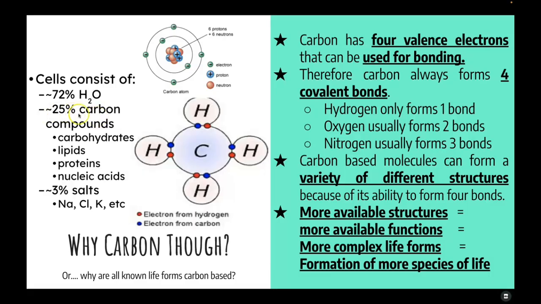And the other 25% is carbon compounds, which are carbohydrates, lipids, proteins, and nucleic acids, which are the biomolecules or macromolecules, same thing, that we need to live. And the rest, the 3%, is sodium, chloride, potassium, etc. So salts.